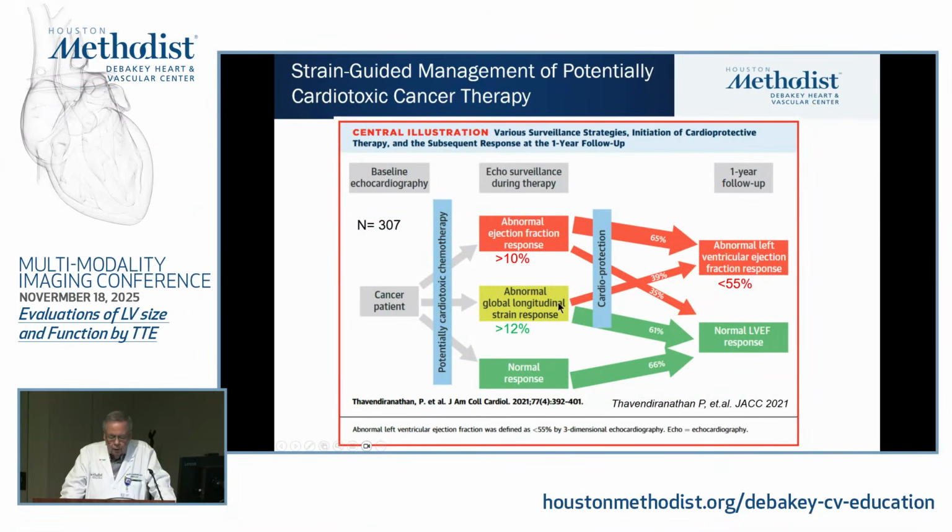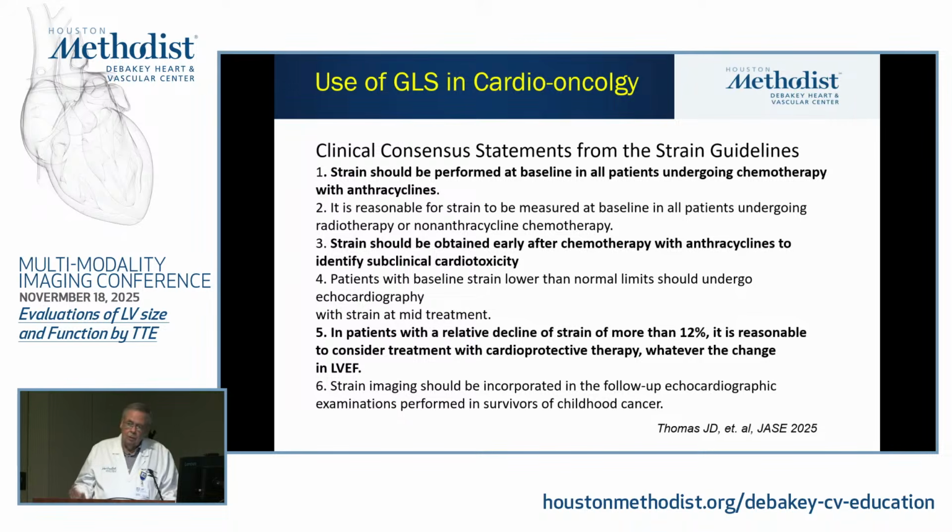But if you look at the group that was treated with the GLS drop, okay, 61% remained normal, and only 39% went and continued to worsen their EF, suggesting that the GLS might be a little bit more sensitive and help make a decision.